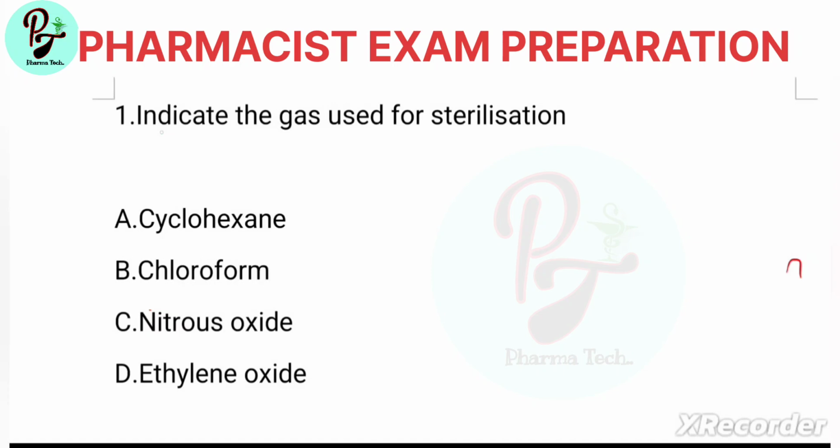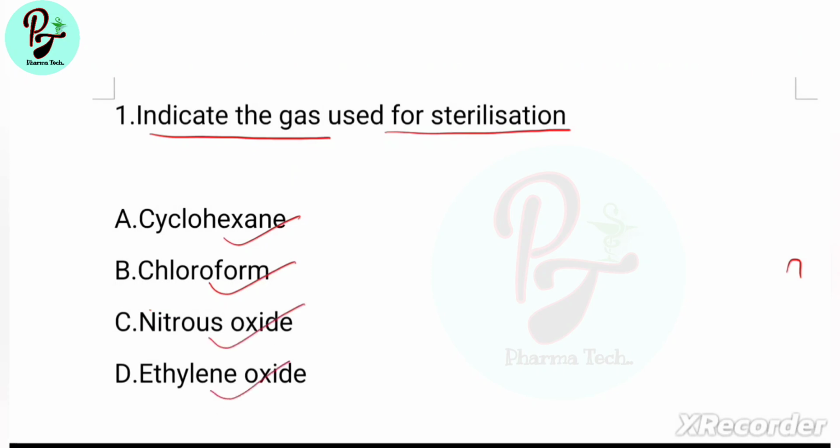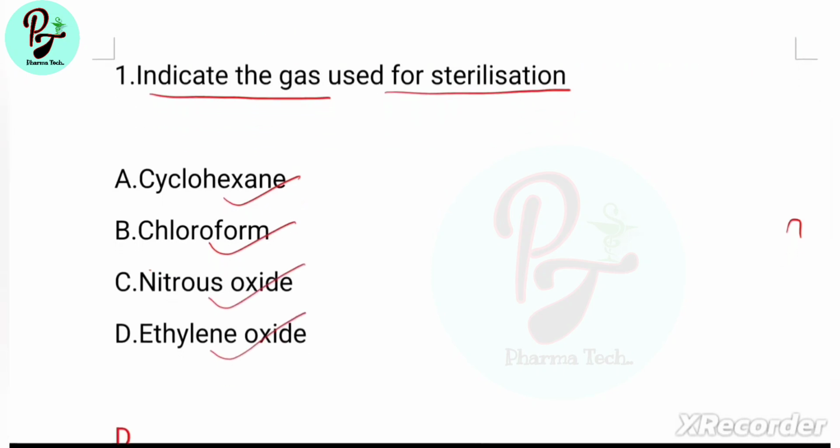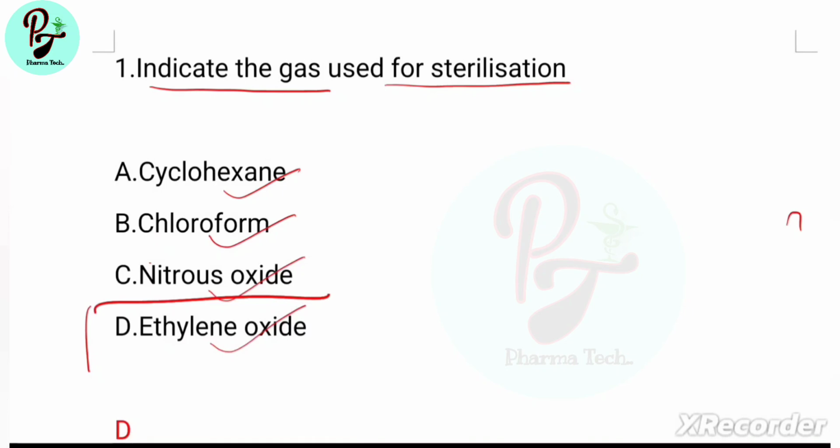First question: indicate the gas used for sterilization. Options are cyclohexane, chloroform, nitrous oxide, ethylene oxide. Answer is D, ethylene oxide. Ethylene oxide gas is used for sterilization.